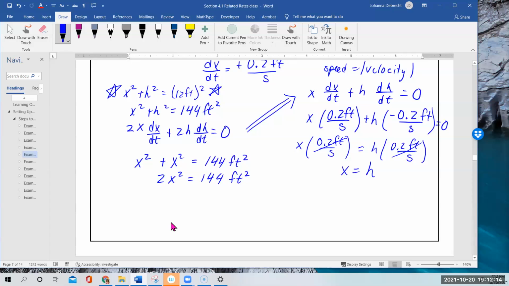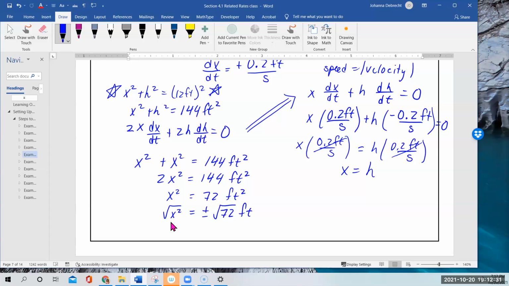I can divide both sides by 2 to get x squared equal to 72 square feet. Then I take the square root of both sides. Normally, this would give me plus or minus the square root of 72 feet.